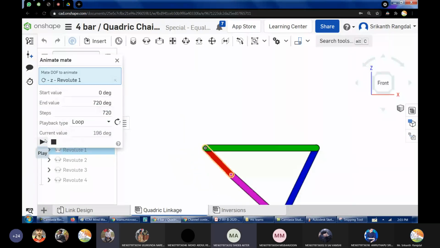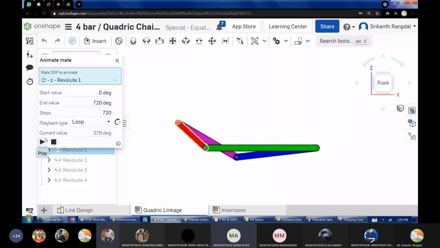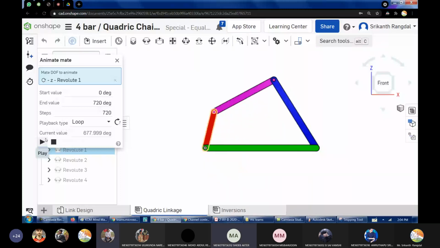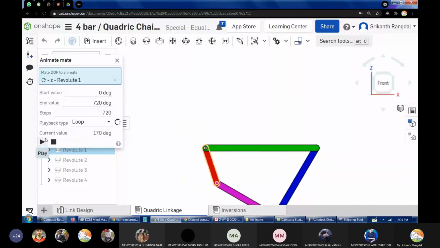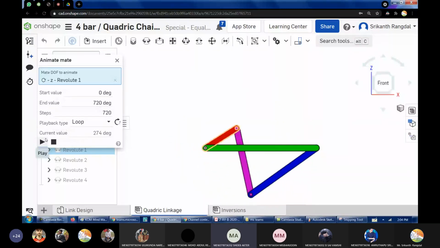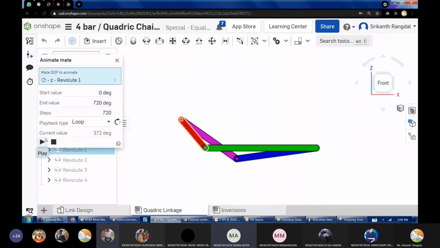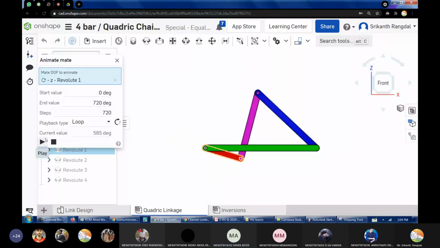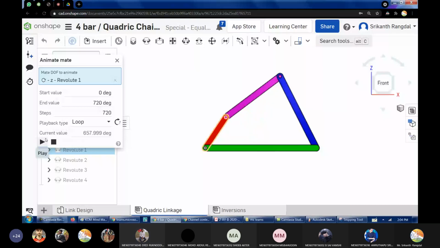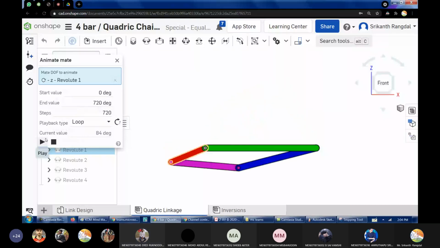The length of the links are different, of course. But what is special about this?